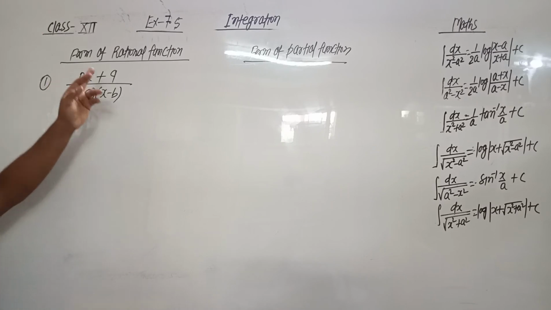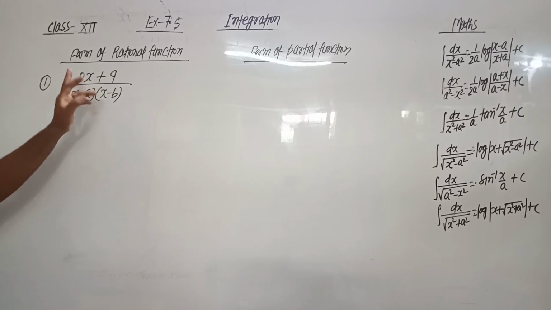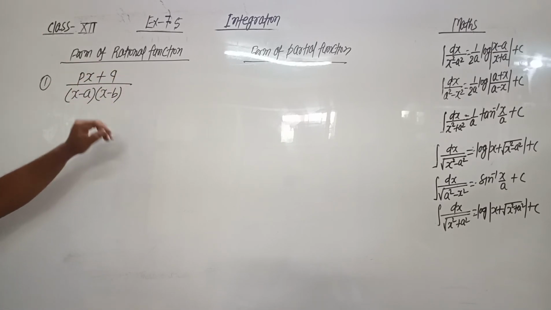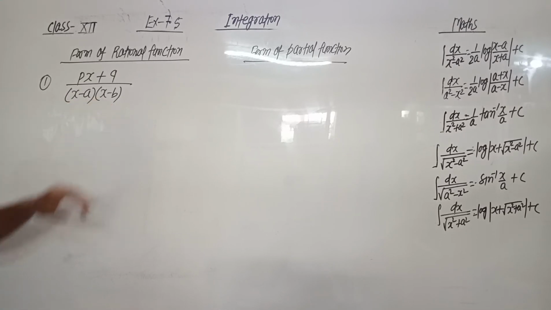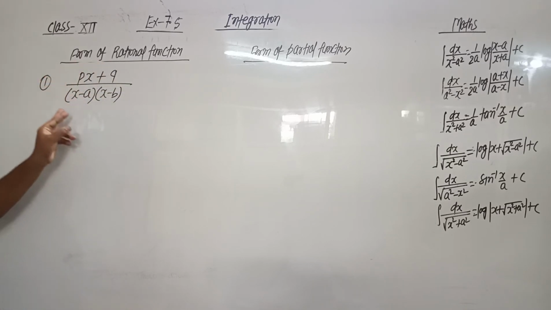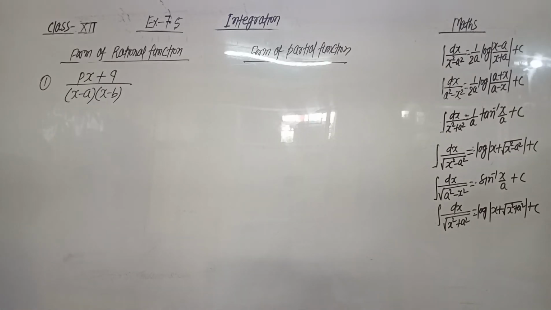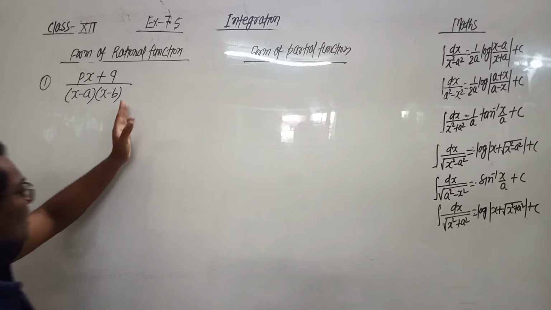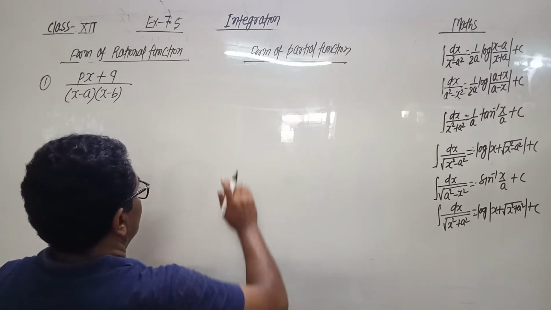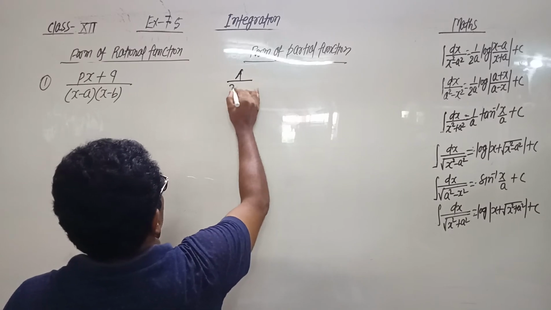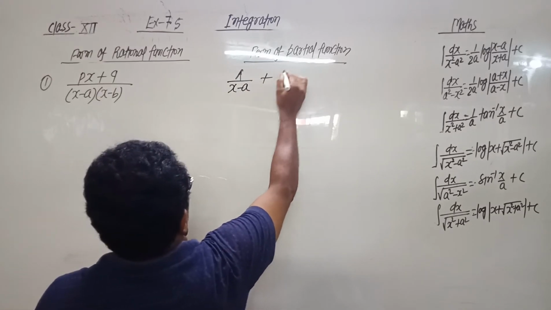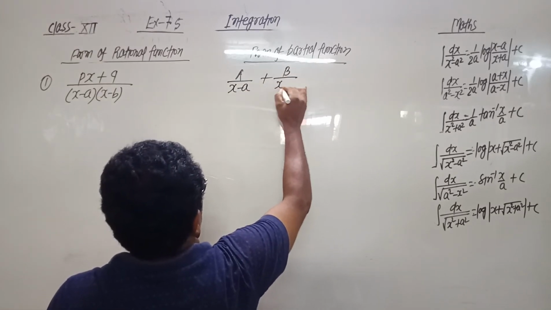It means the numerator is the linear form, and the two terms in the denominator are also linear forms. So if there is a form like px plus q upon (x minus a) into (x minus b), then we convert this into partial fractions and write this equal to A upon x minus a plus B upon x minus b.